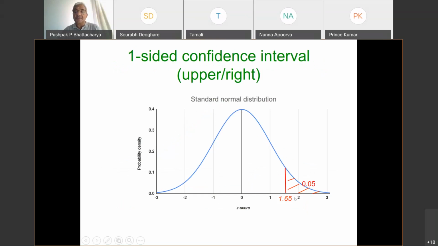So plus 1.65 to infinity is the 5% level of significance region. So these terms, 5% level of significance, 95% confidence interval, their significance we are going to explain through two concrete problems that we'll do. So minus 1.65 to minus infinity is the region of error or region of rejection.